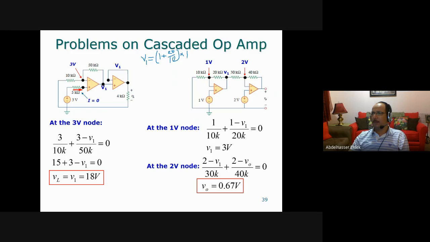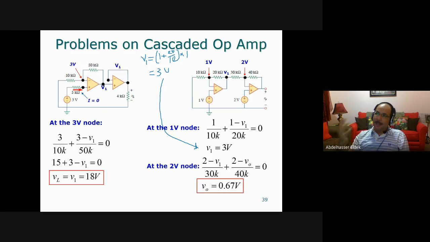So 20 over 10 is 2, plus 1 is 3. So V1 is 3 volt. Okay, so this is the first stage.